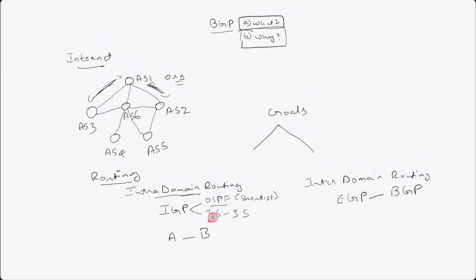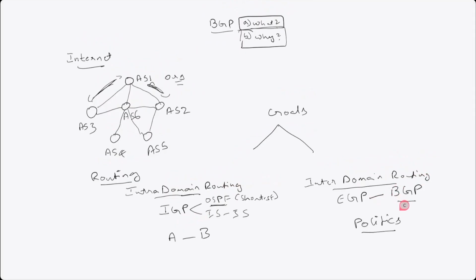So we could use something like OSPF for that, for example. But in contrast, when we look at an inter-domain routing protocol like BGP, it needs to worry a lot about politics.